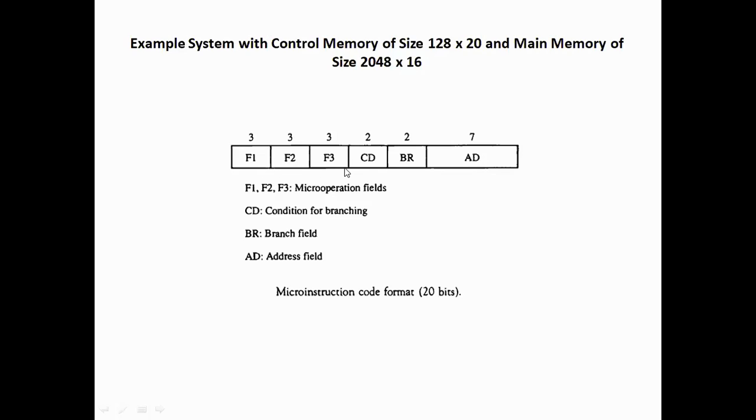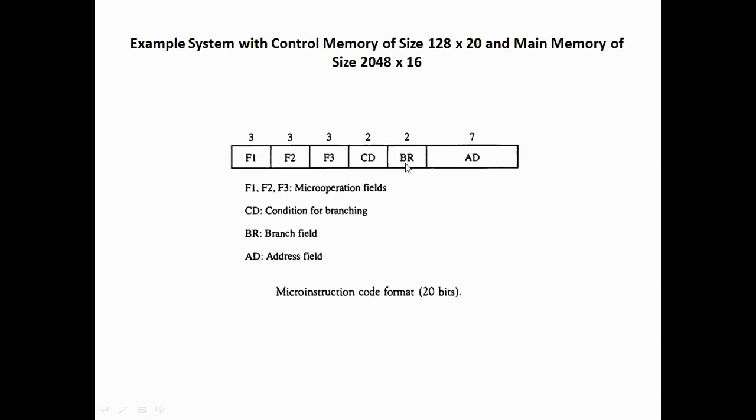So 3 functions can be there at max in a micro instruction. So they are denoted by F1 3 bits, F2 3 bits, and F3 3 bits. And there is also CD 2 bits and BR 2 bits.